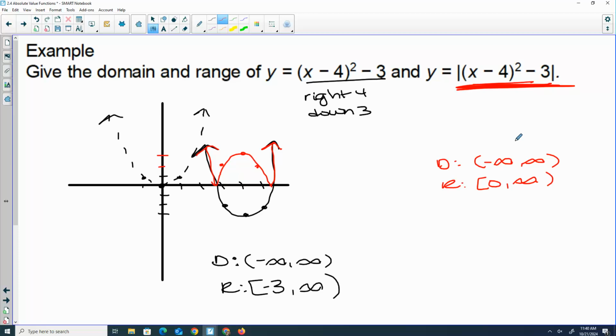The main piece that we're looking at today, though, is solving equations and inequalities. So I want to give you guys the rules, and then we're just going to solve problems until we've got it. Okay?